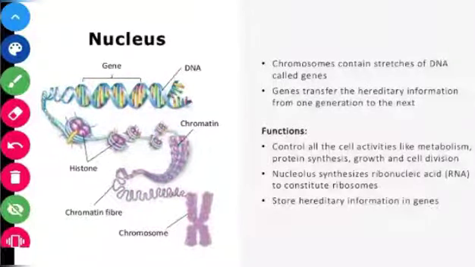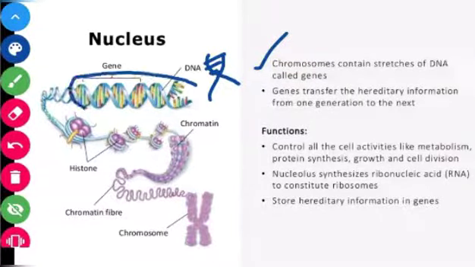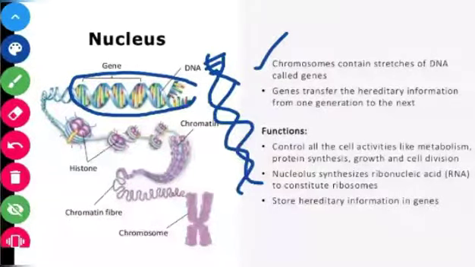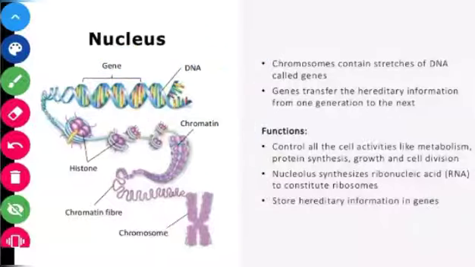And here let us come to the theory. Chromosomes contain stretches of DNA called genes. If there is only one, this is DNA, and if there are many of them like this, totally they are called genes, as named here.